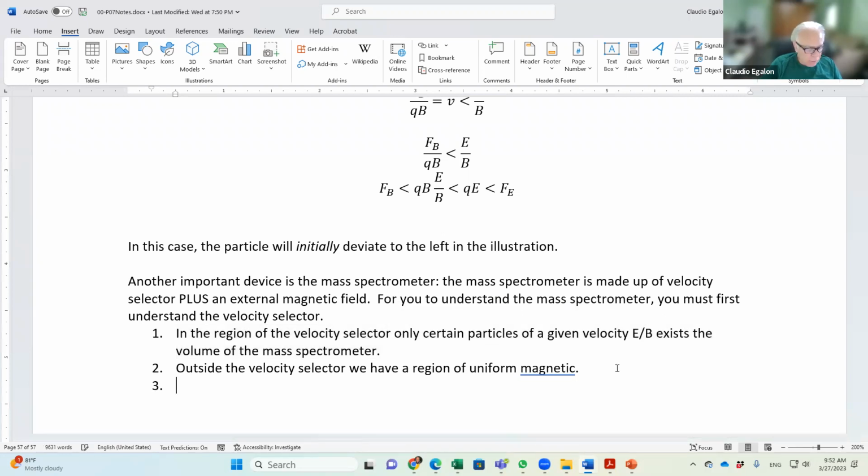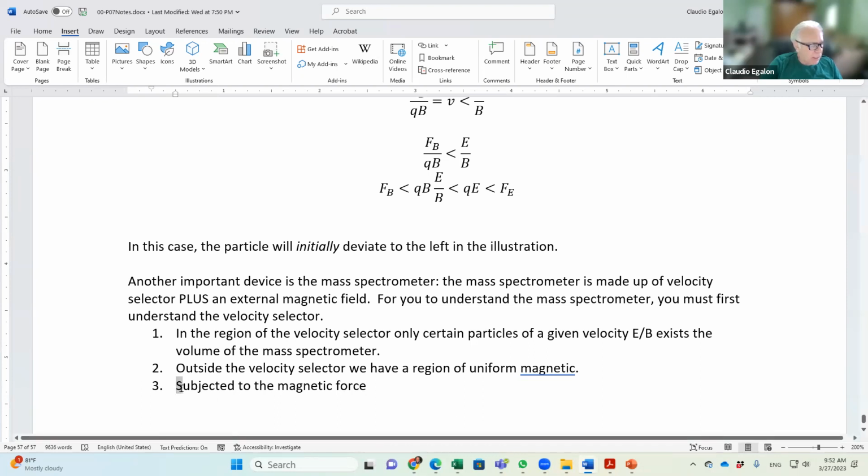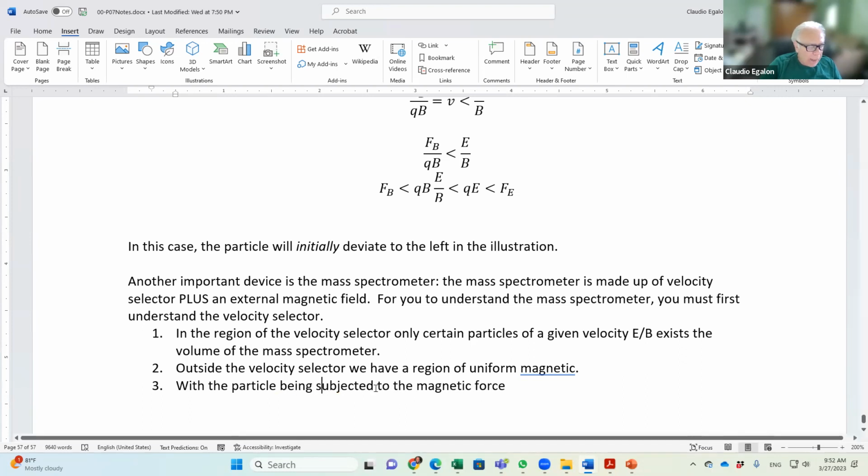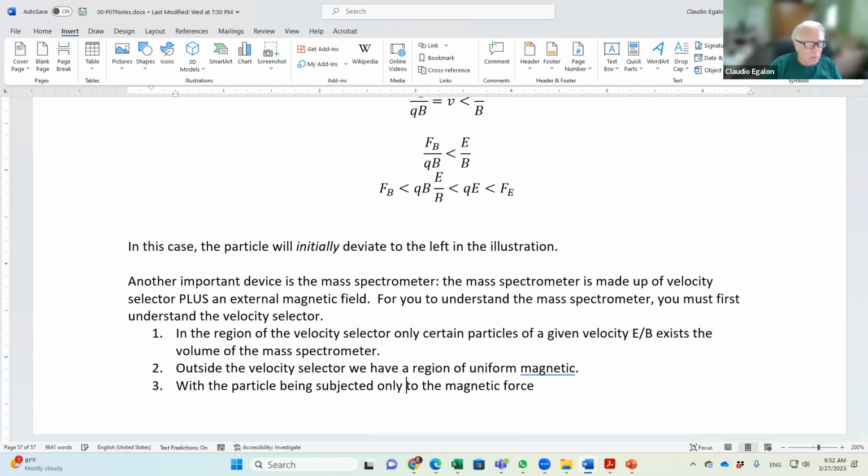Outside, with the particle being subjected only to the magnetic force, the particle will describe a circular trajectory.